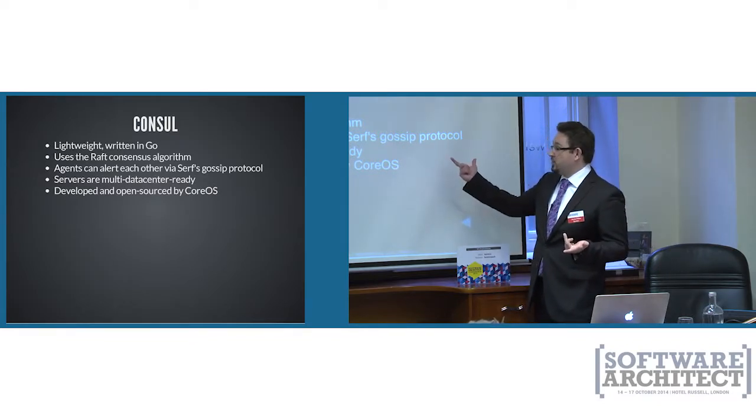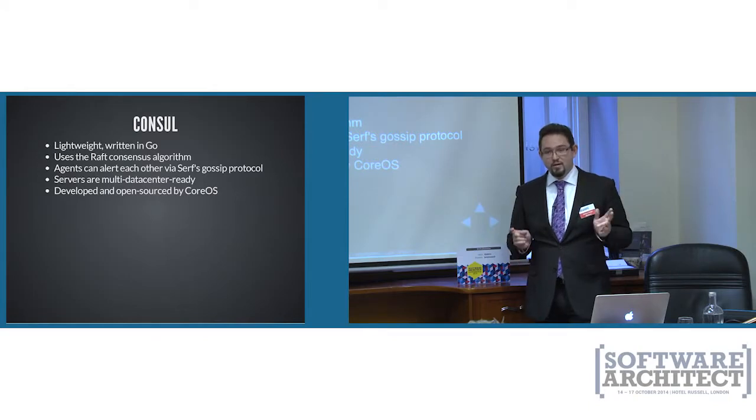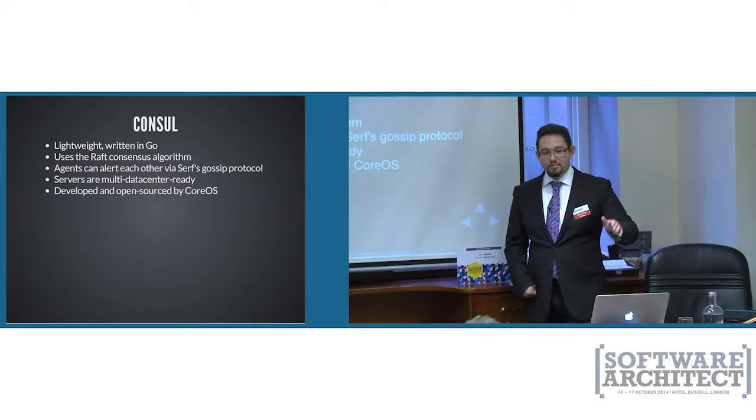So then the gossip protocol, what it does is always consistent with the nearest neighborhoods. So if you are on the same network, it will shout to all the agents something has changed, and they will spread this to the other agents.